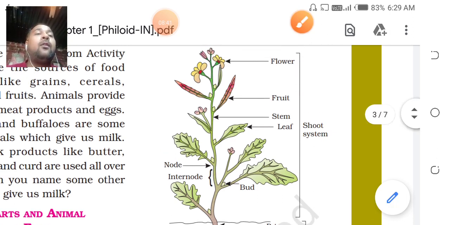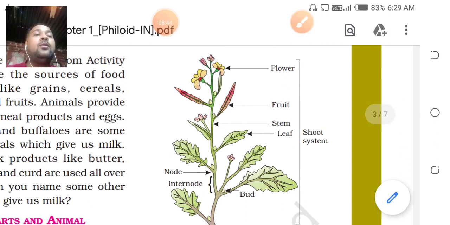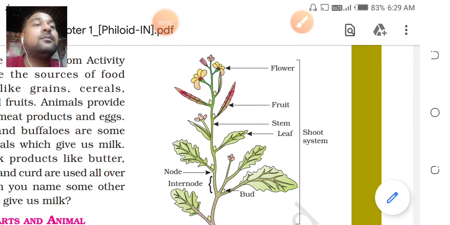Fruit, flower. And stem, that part which is holding flower and fruit also. Leaf, you are seeing leaf.